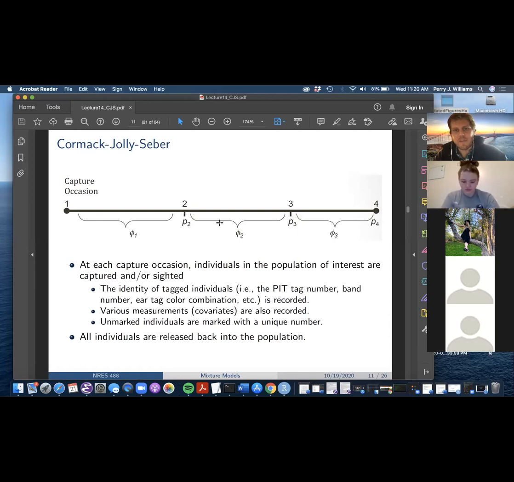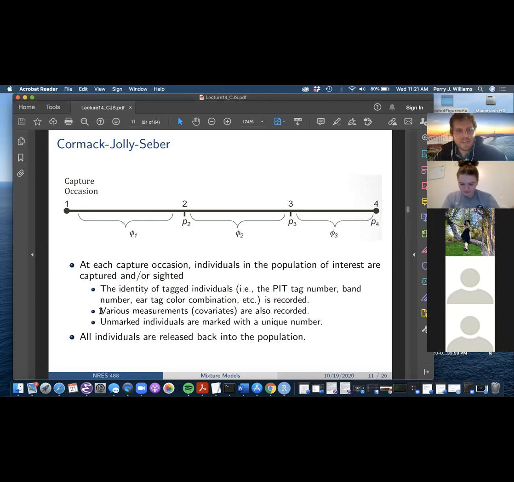From the second period to the third period, it survives with probability phi2, and we detect it with detection probability p3. So both phi and p range between 0 and 1. They can be any value between 0 and 1. They're not just zeros and ones, but they can be like 0.7 or 0.4, any value between 0 and 1.